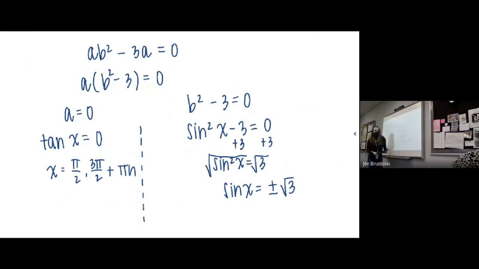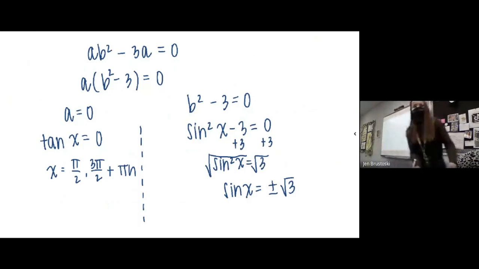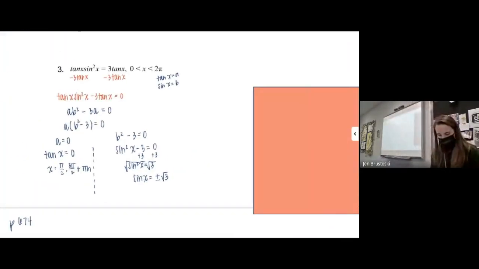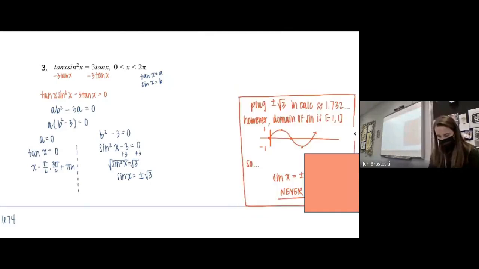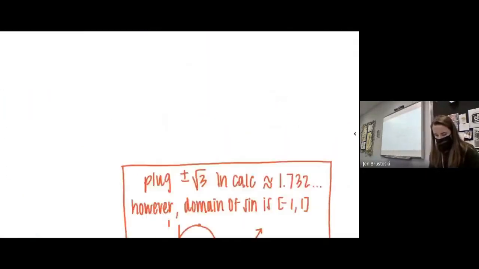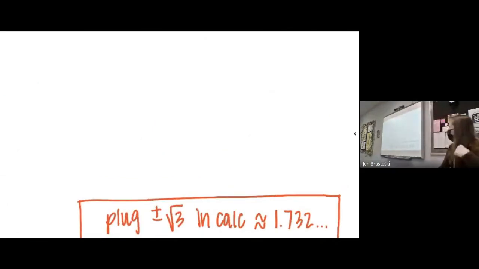All right, this is where we get a little bonkers. If you plug radical 3 into your calculator, you're going to get about 1.732, and that's plus or minus.